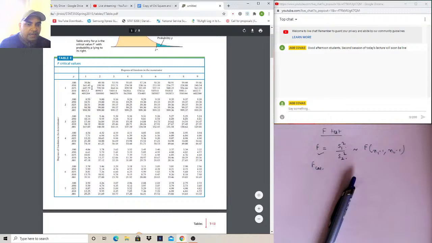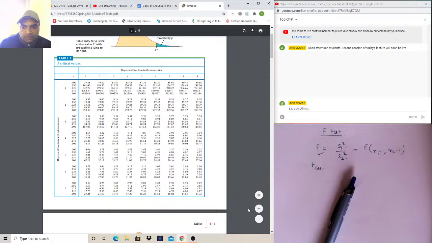Say, for example, the first variable has 3 degrees of freedom, then we have to look in this row, and the second variable has 5 degrees of freedom, then we look like this. And these are the various levels of significance: 0.001, 0.01, 0.025, 0.05 and 0.100. So at different levels of significance, that is the alpha level, this has been given, right?